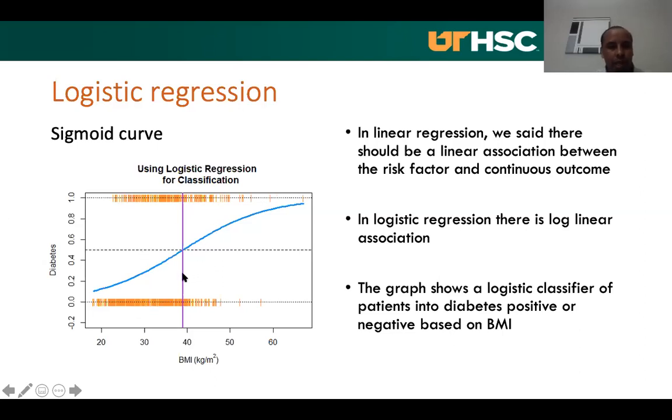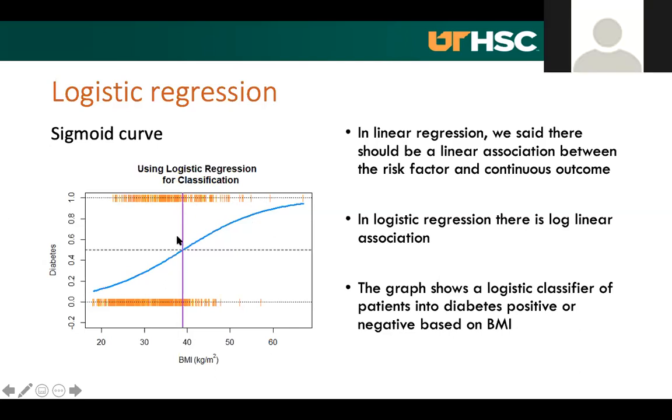But in this case, there is a log linear association, and so we have a sigmoid kind of curve where we have a low on the y-axis, and then as we go across the x-axis, the data points will start to appear.